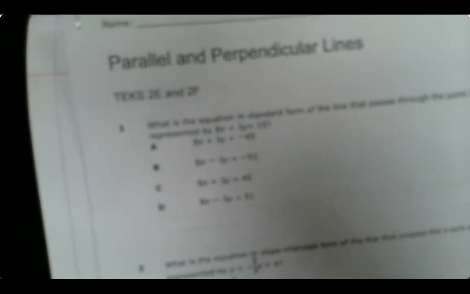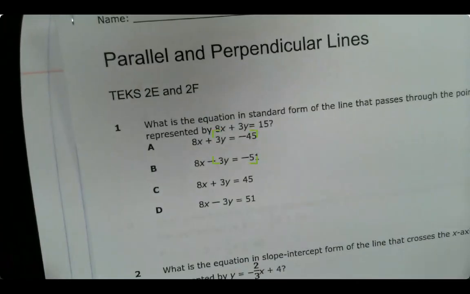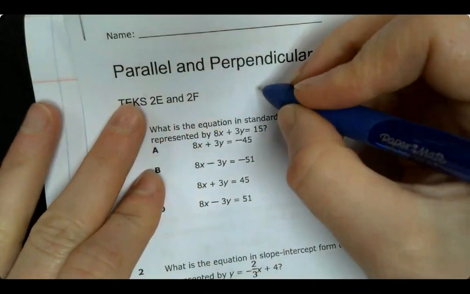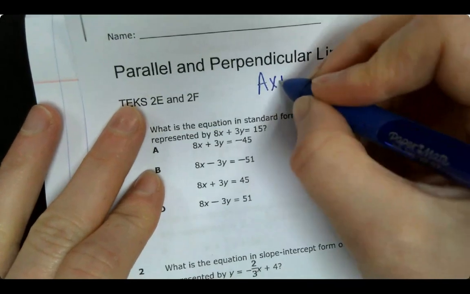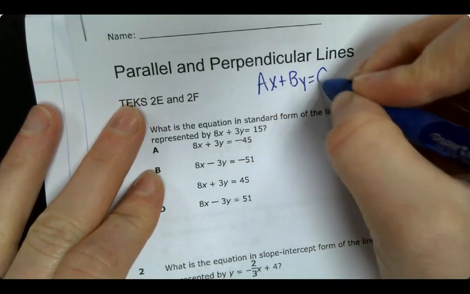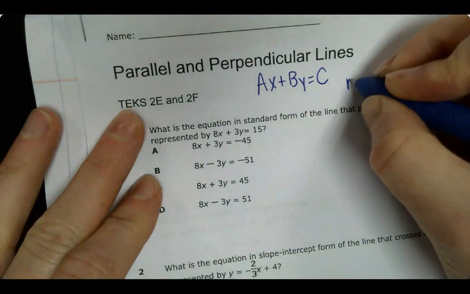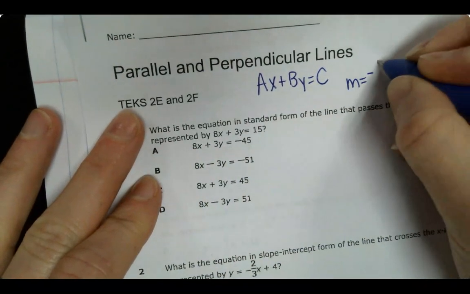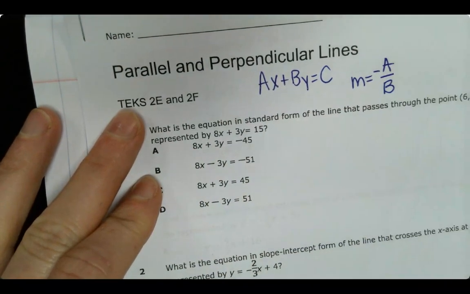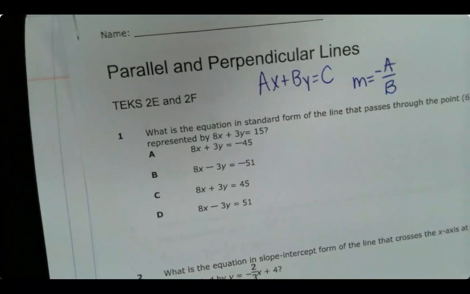Back when we learned this, probably in October, I did teach y'all how to find the slope from standard form. If you remember this, you can do it. The slope is found by doing -A over B. But that's not something that's on your formula chart.